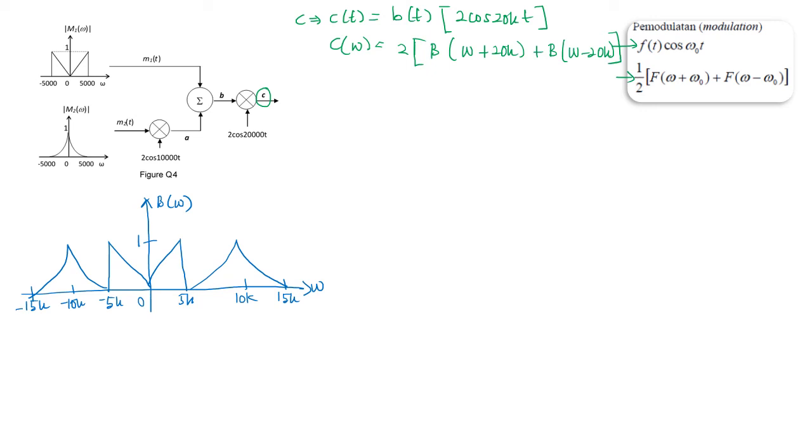From the earlier question we have sketched B(omega) centered at 0. Now this B(omega) needs to be shifted to the left and to the right by 20k. Therefore, your C(omega) may look like this.